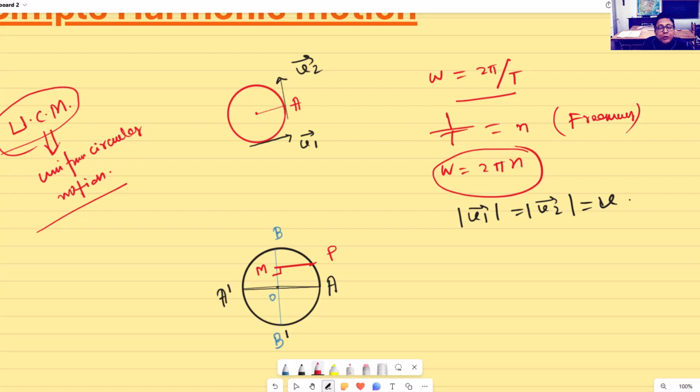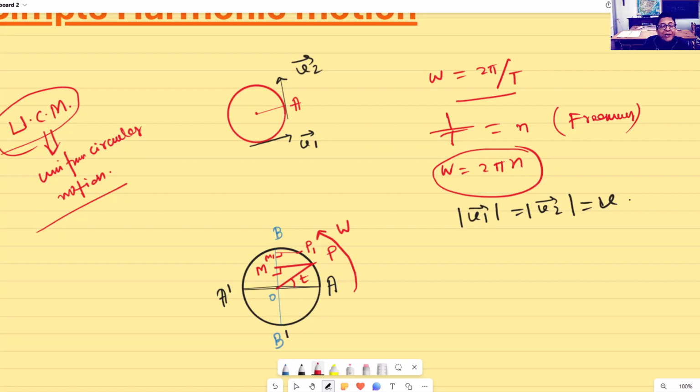The particle goes from A to P after time t with angular velocity omega, which we have already defined, and this is uniform circular motion. Now from the next position of the particle, you draw another perpendicular. P1 M1 is the other perpendicular.